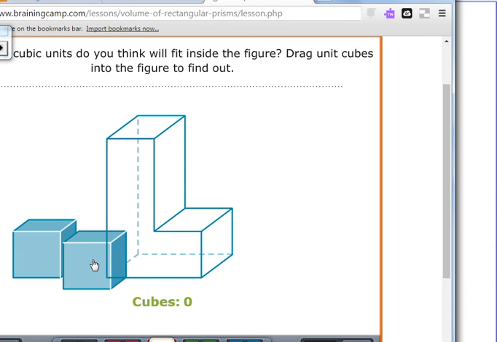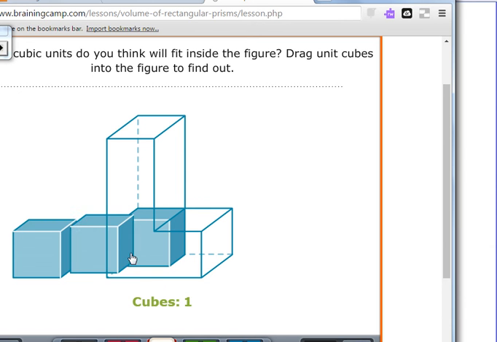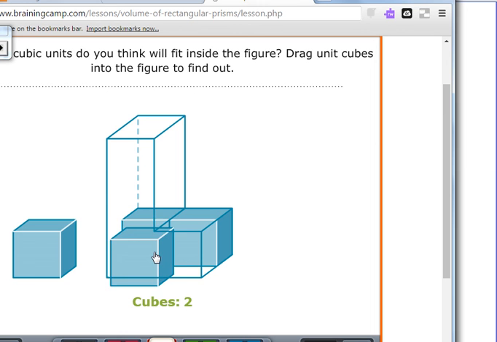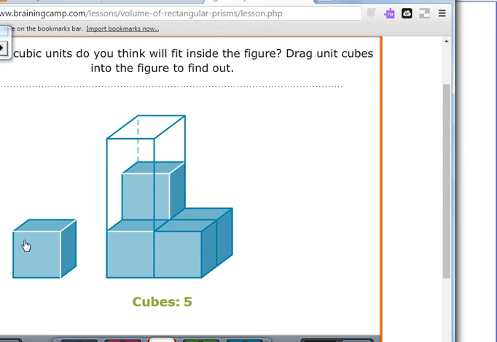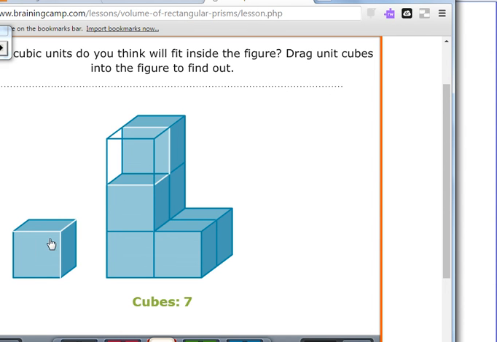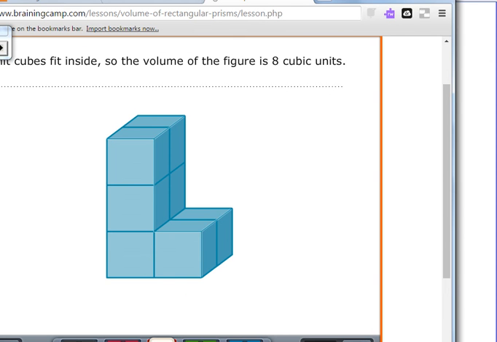Drag unit cubes into the figure to find out. Unit cubes fit inside, so the volume of the figure is 8 cubic units.